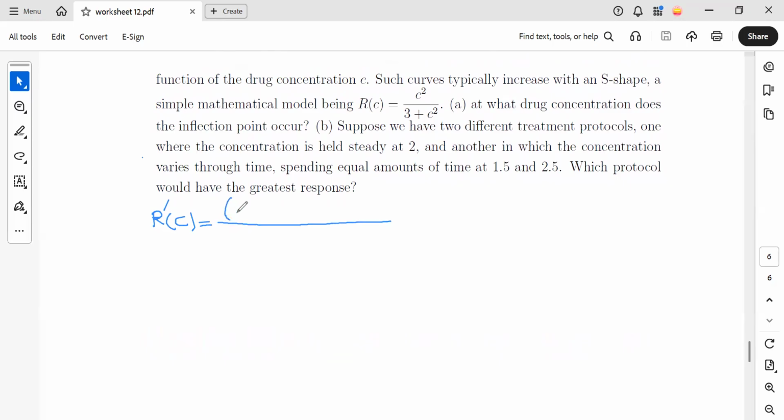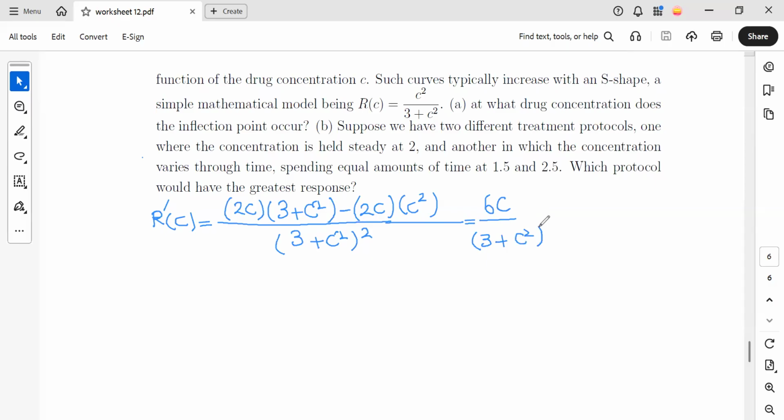So the derivative of the numerator, times 3 plus C squared, minus the numerator times the derivative of the denominator, which is 2 times C, all over 3 plus C squared, to the power 2. After simplification, we would get 6C over 3 plus C squared, squared.